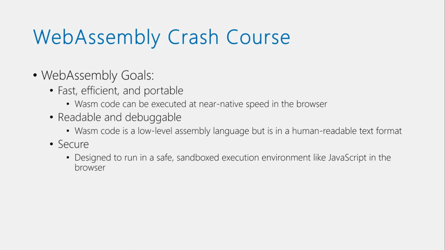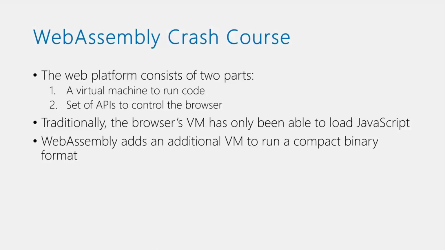It's also meant to be secure. It's designed to run in a safe sandboxed execution environment, just like JavaScript is today in the browser. So with those three goals, WebAssembly ends up having two parts. One is the stack-based virtual machine to actually run the code.